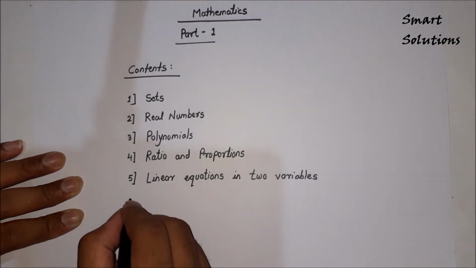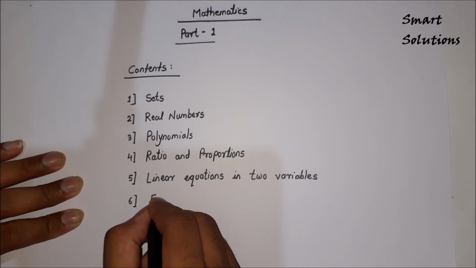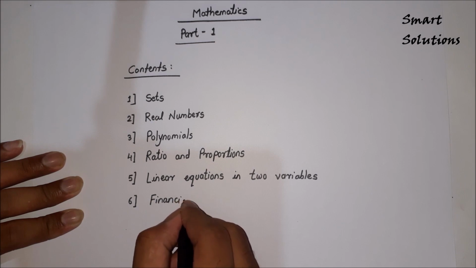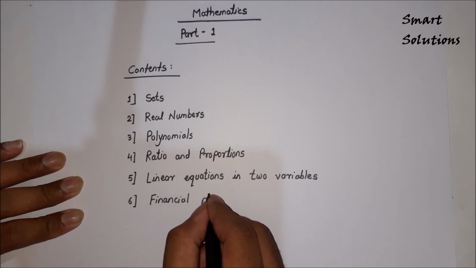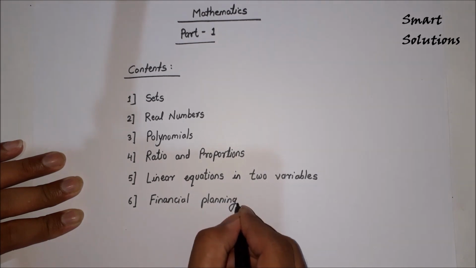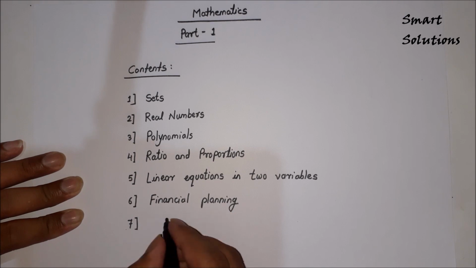6th chapter is financial planning. And the 7th and the last chapter of part 1 is statistics.